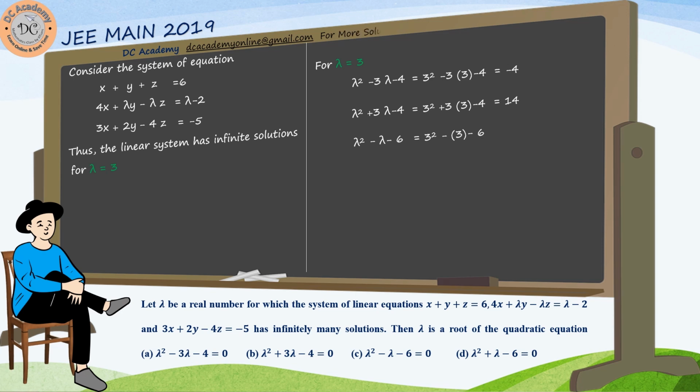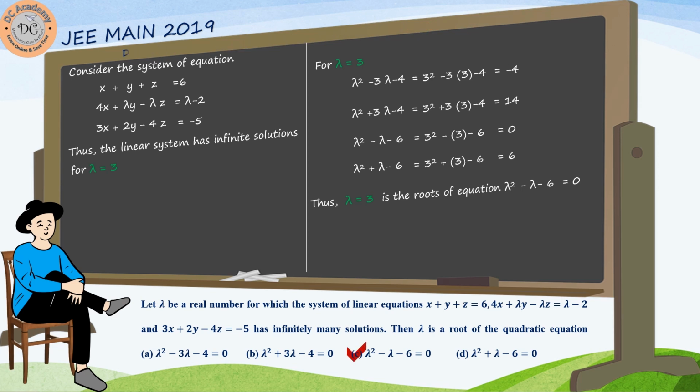For the third equation, we get 0. So obviously lambda equal to 3 is a root of this equation C. Let's test the other equation, the last one, lambda squared plus lambda minus 6, which is non-zero. Therefore lambda equal to 3 is a solution of the equation lambda squared minus lambda minus 6, and hence option C is the correct answer.